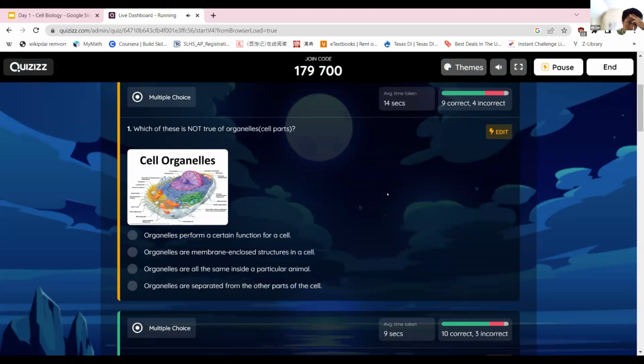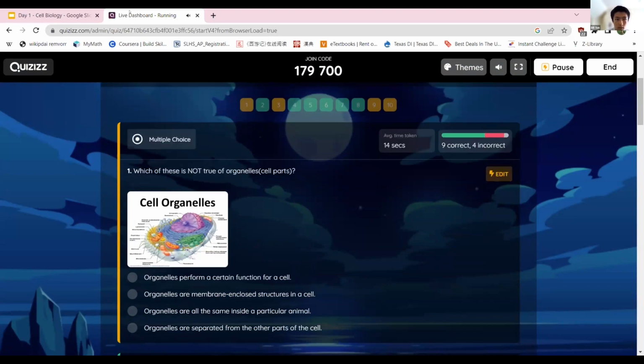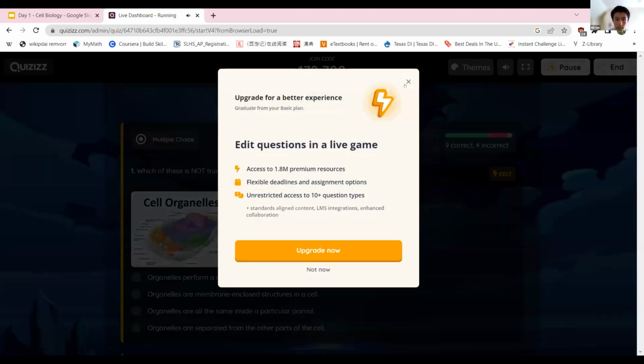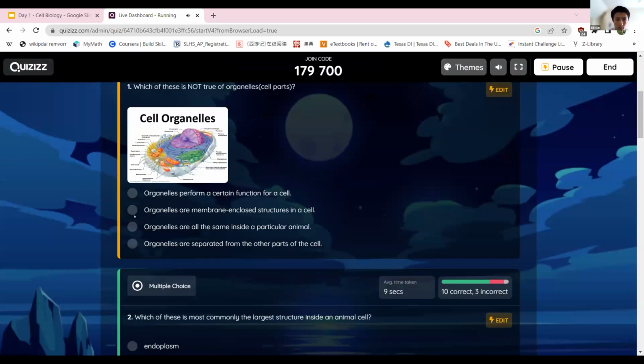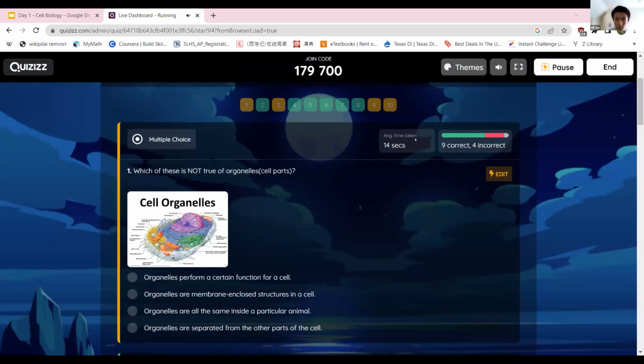All right, looks like this one was the most. Which one is not true of organelles? So the answer is... what was the most answered?